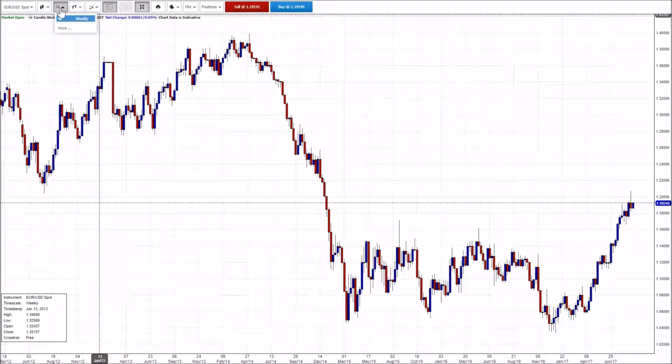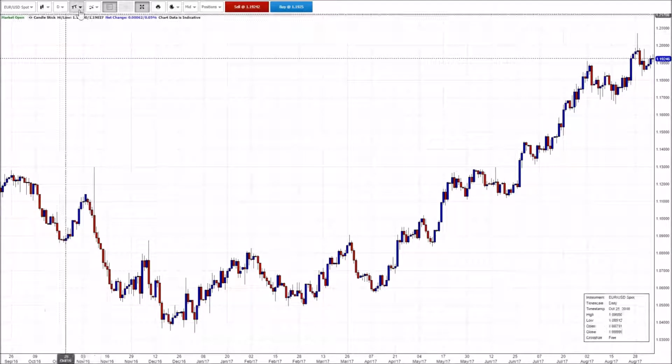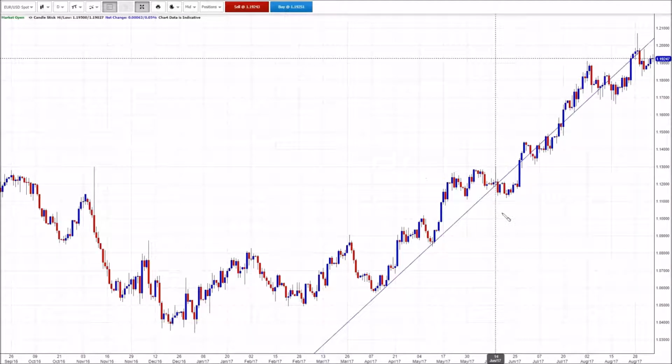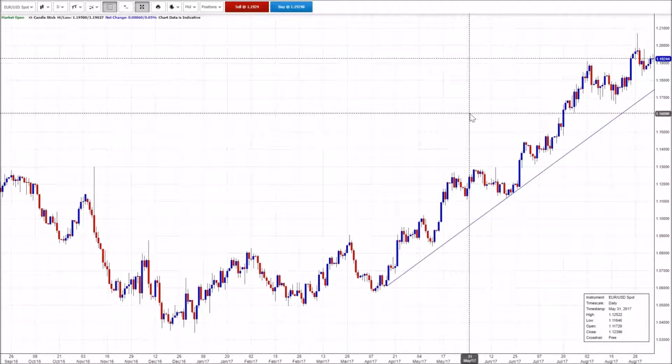In the short term, yes, it's overextended, so it is due something of a correction, but that trend is still pretty strong. So for me, it needs to break below 116 to suggest that this latest run from April of this year is in any trouble.